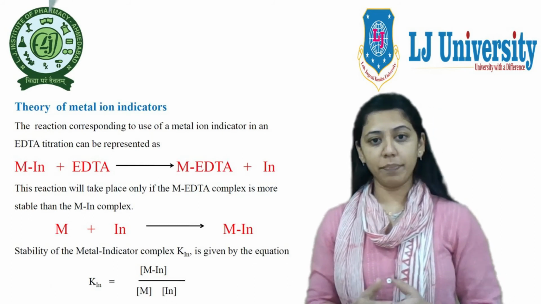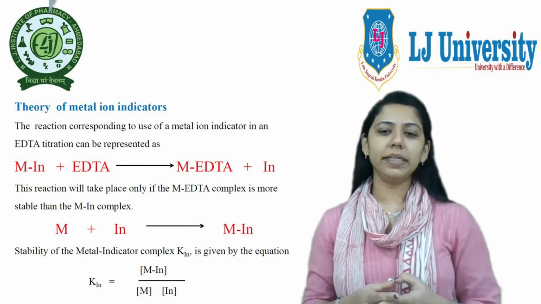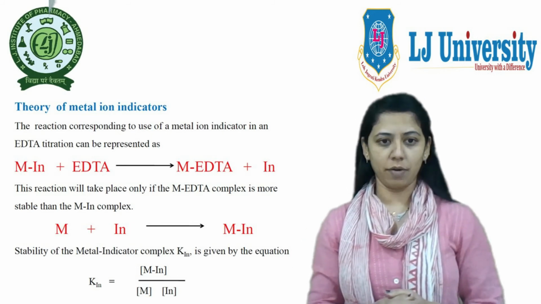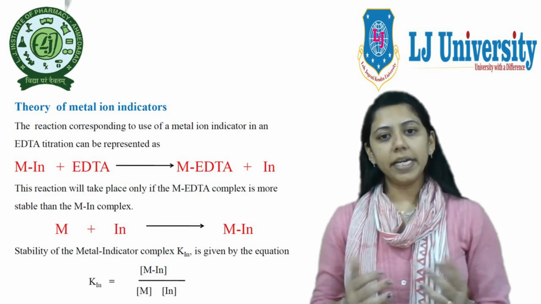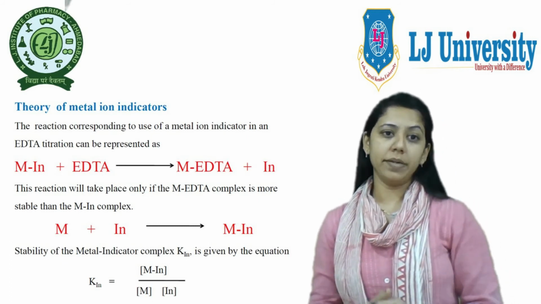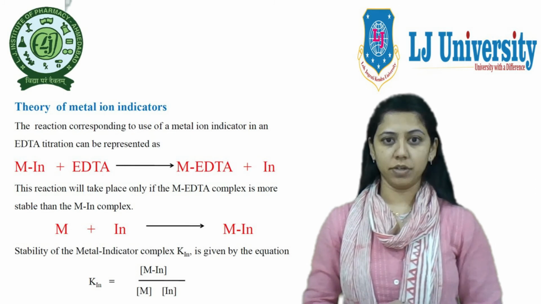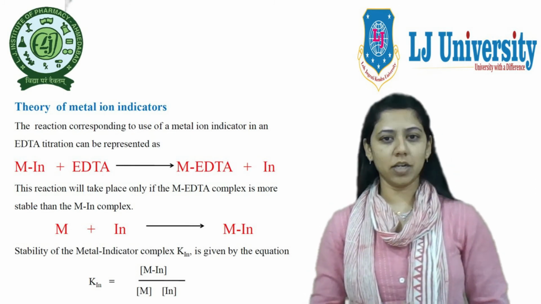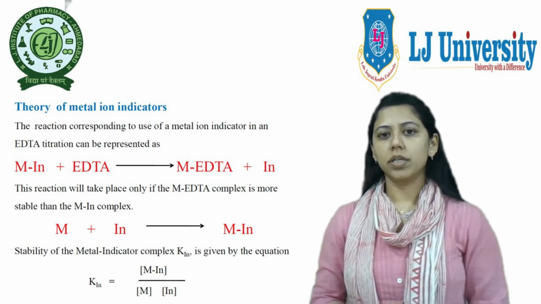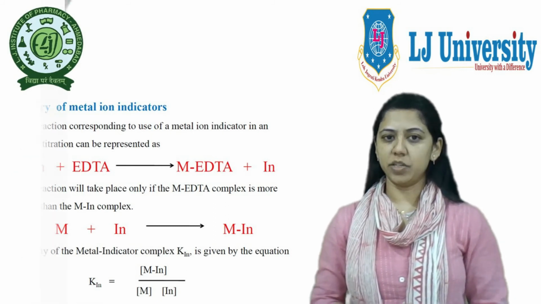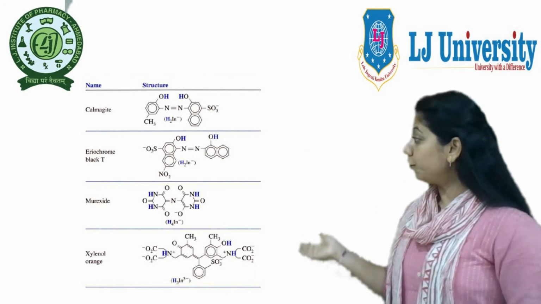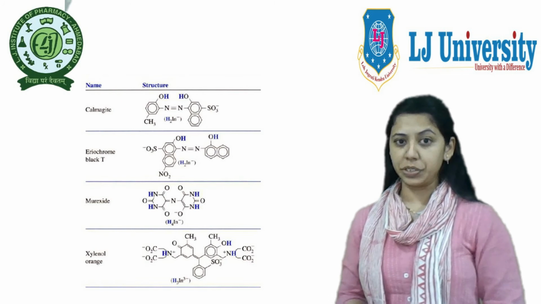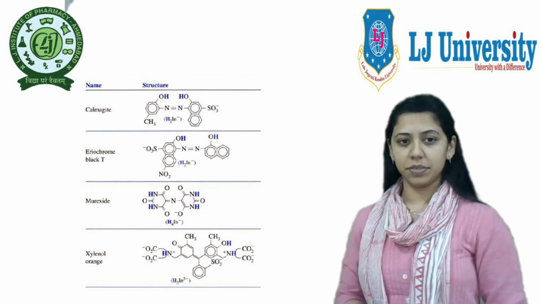This reaction will take place only if the metal EDTA complex is more stable than the metal indicator complex. The indicator color change is also affected by the hydrogen ion concentration. So it is convenient to define the conditional indicator constant K, which varies with the pH. These are the different indicators which we can use in a complexometric titration, with their structures.